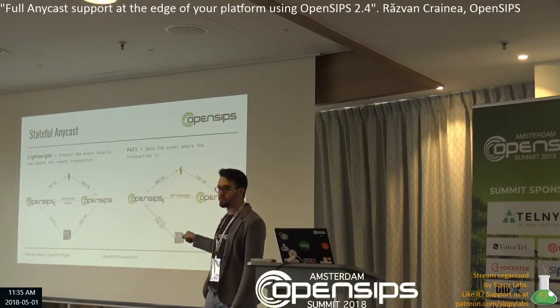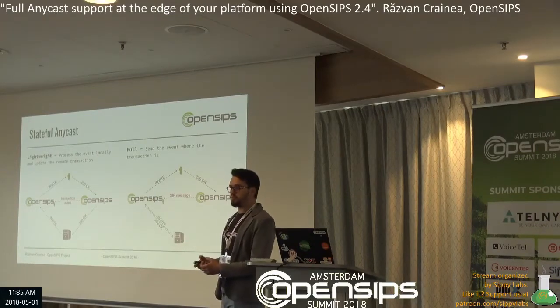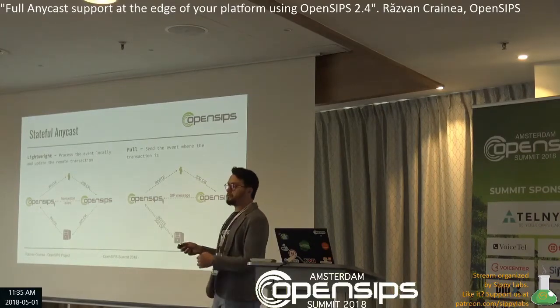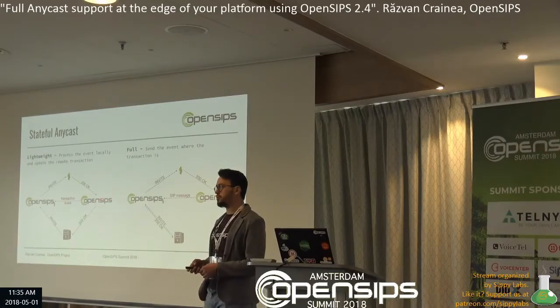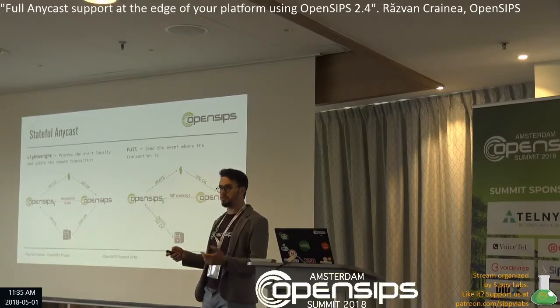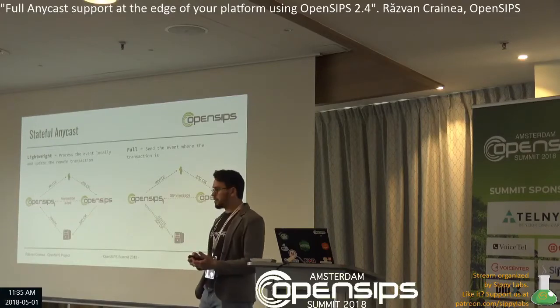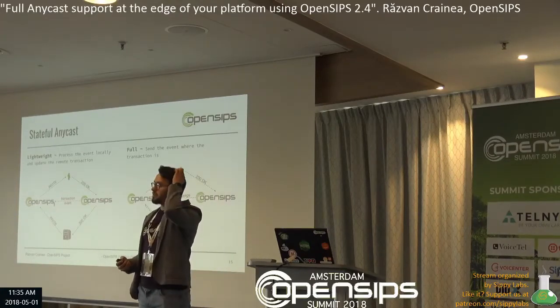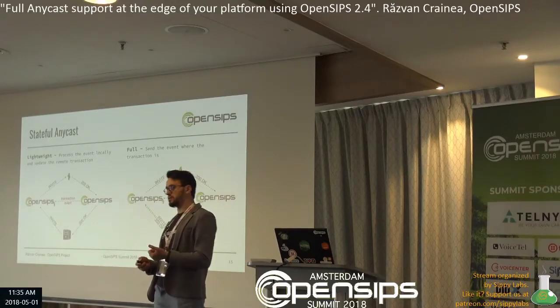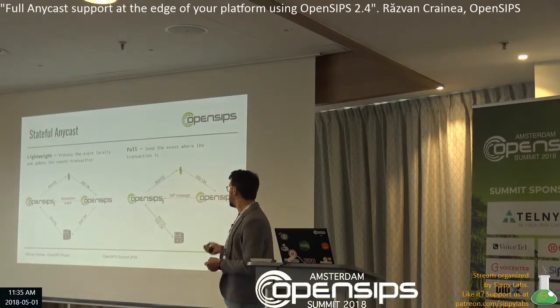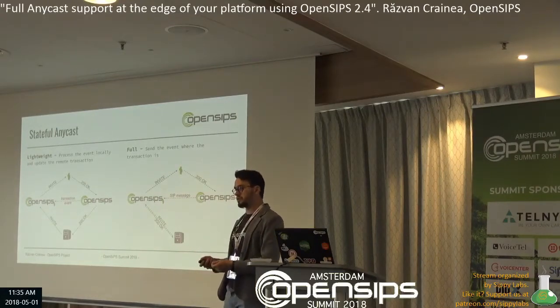So you don't have this information here. That's one limitation. Any AVP on the 200 OK will not be available because, again, you don't have the transaction there. So this is actually not a complete solution. That's when we thought of a different approach.